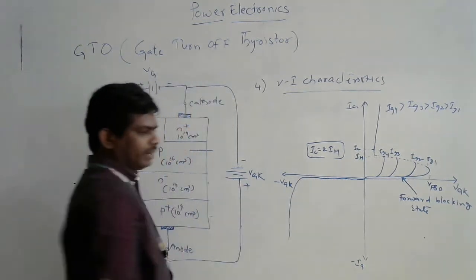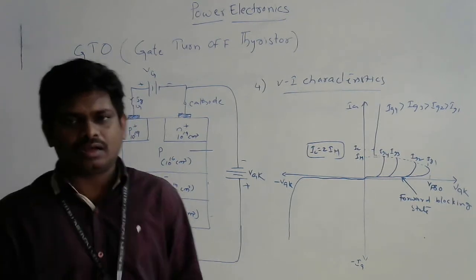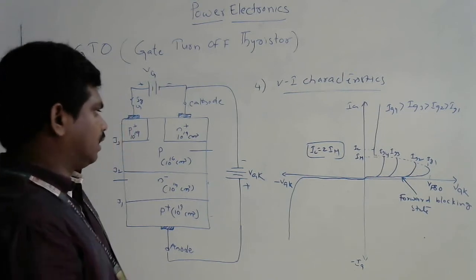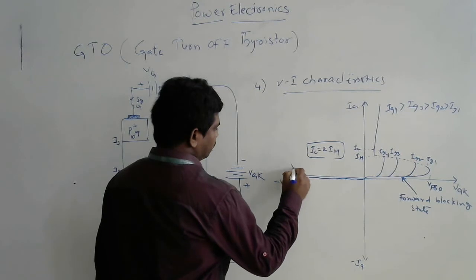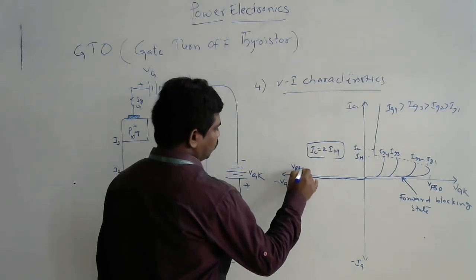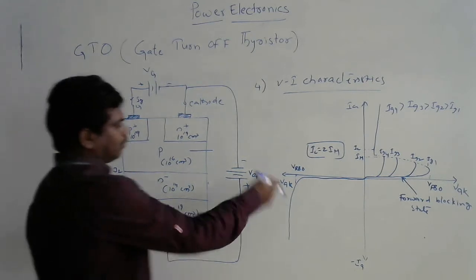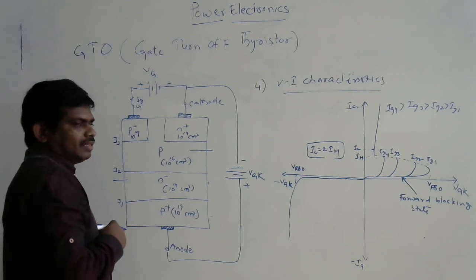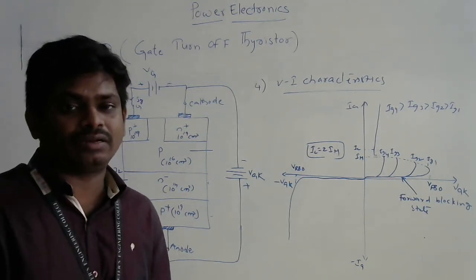After avalanche breakdown occurs, meaning the maximum reverse voltage across the anode and cathode is applied, automatically there is an avalanche breakdown, which we can call reverse breakover voltage. Then immediately the reverse bias junctions in the device are going to be damaged.